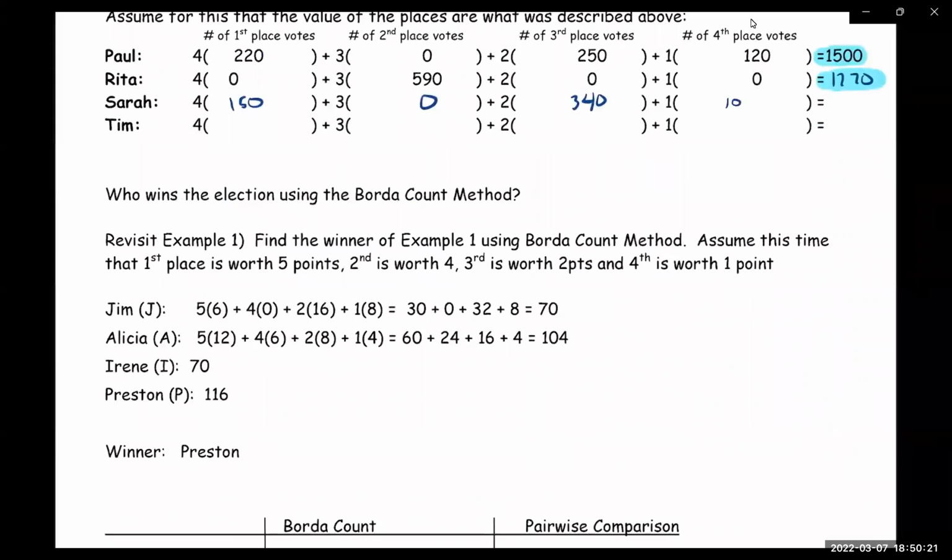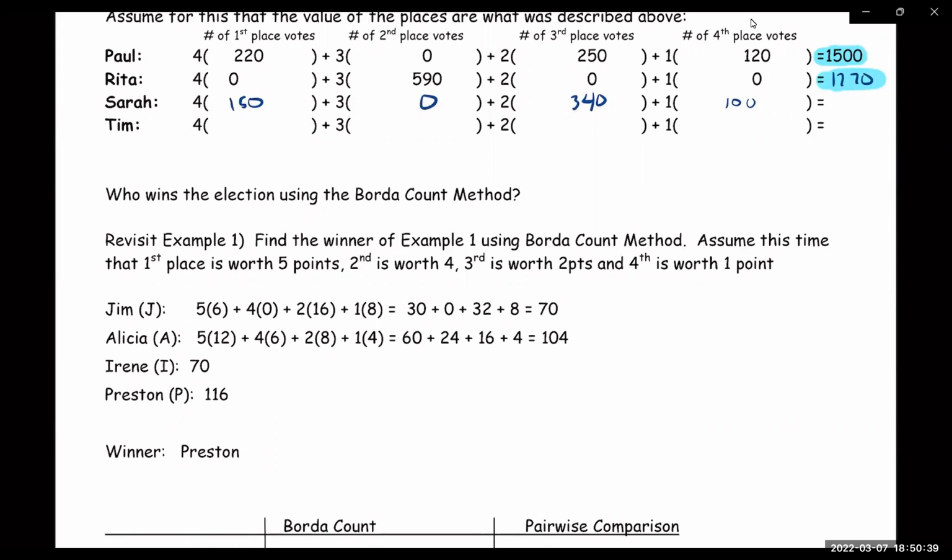All right, so let's add up her score. So on your calculator, do 4 times 150, 1,380. Let me just verify that real quick. 150 times 4 plus. So you just multiply straight across, correct?